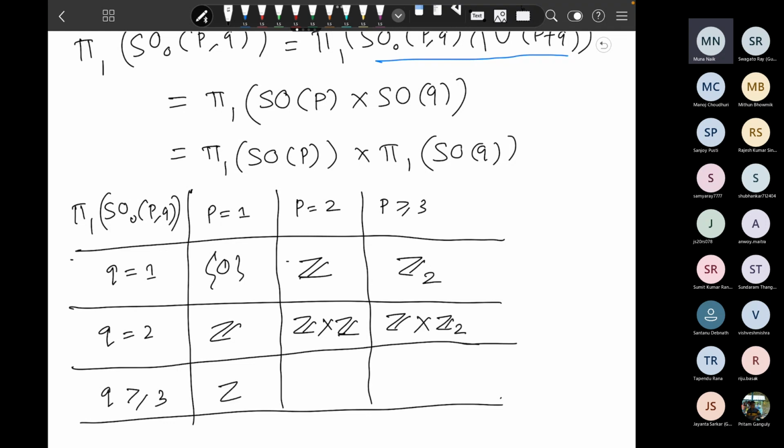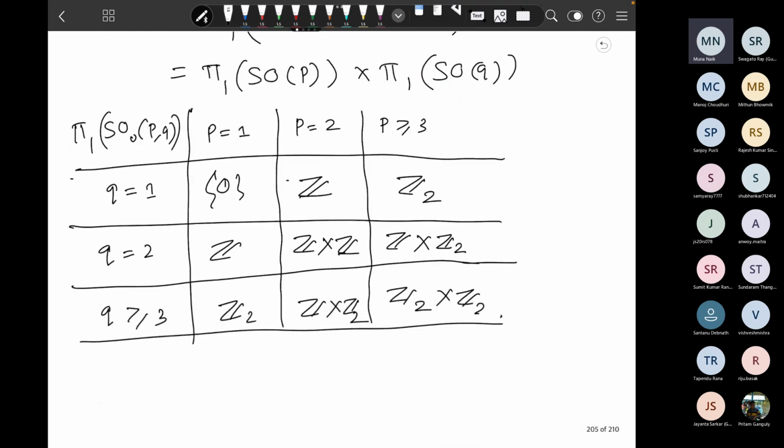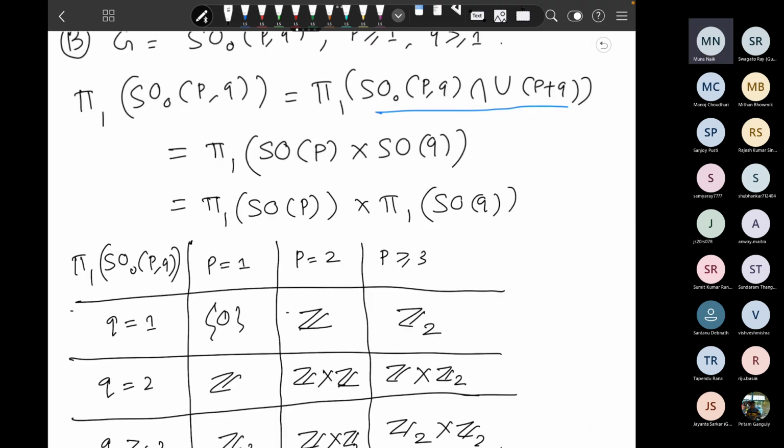Q greater than or equal to 3, P is equal to 2, you get Z cross Z2, and the final case you get Z2 cross Z2. Okay, so this is the fundamental group of SO naught (p,q). Similarly, you can calculate the fundamental group of other groups.